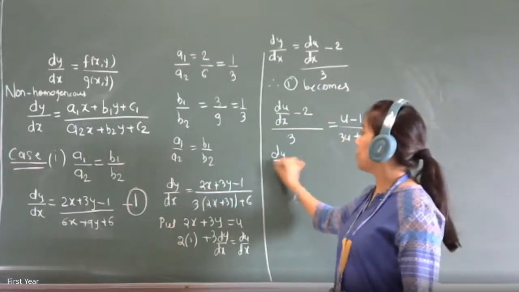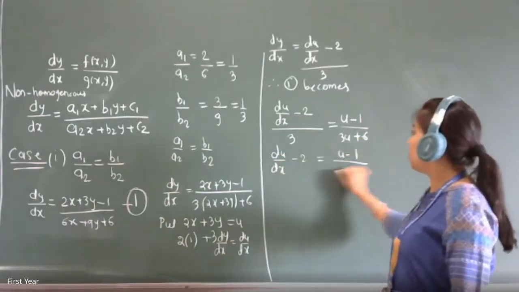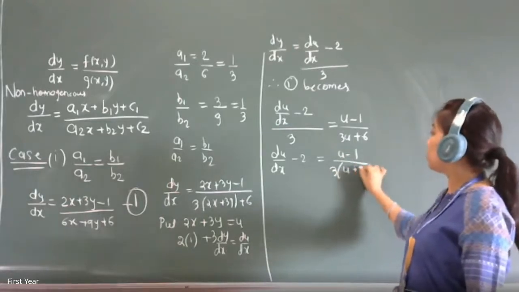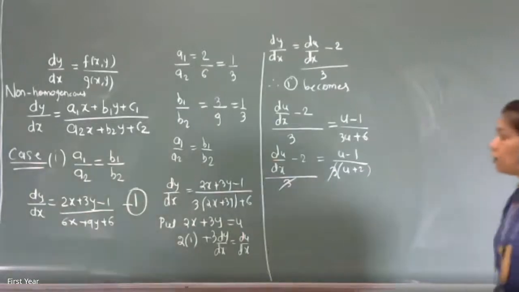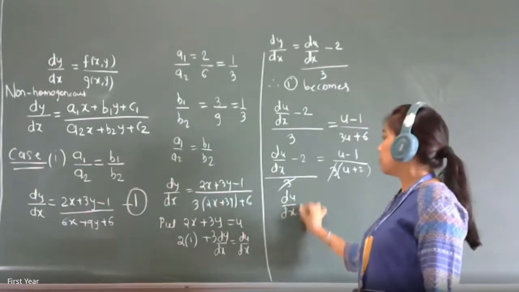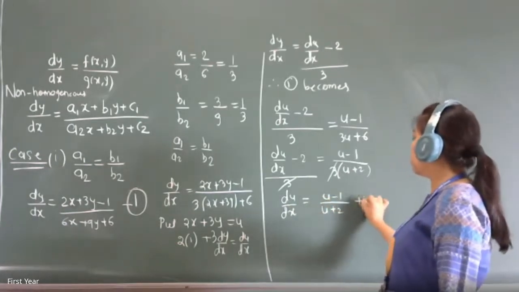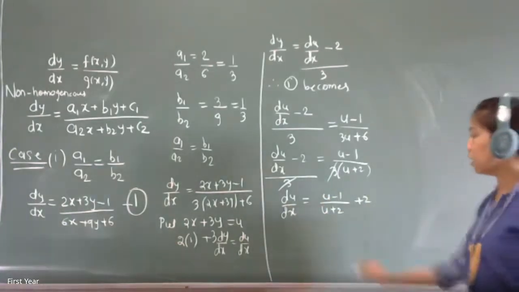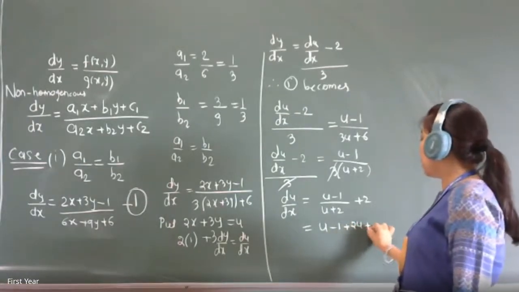So du by dx minus 2 is equal to u minus 1 upon u plus 2. Now reframe it. du by dx is equal to u minus 1 upon u plus 2, plus 2. And simplify it. It is u minus 1 plus 2u plus 4 divided by u plus 2.